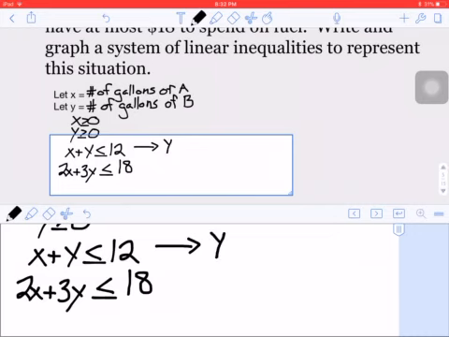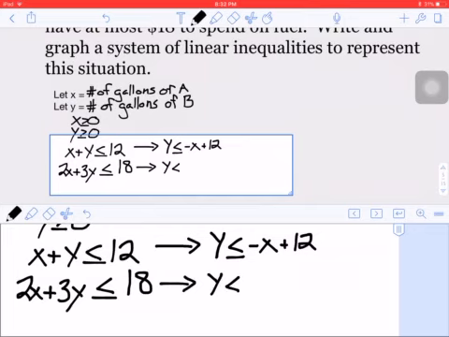But we're going to end up getting y is less than or equal to negative x plus 12. And then for the second one, y will be less than or equal to negative 2/3 x plus 6, and you get that because you divide everything by 3 at the end.